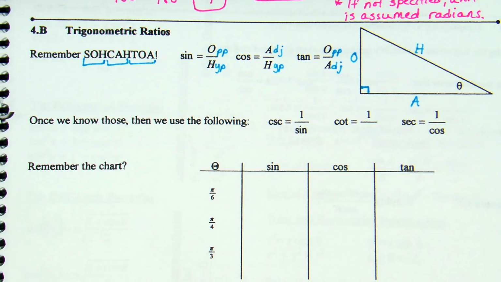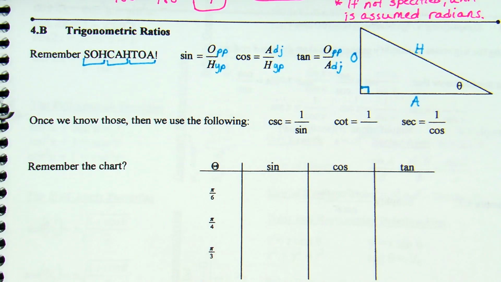Remember the chart? Notice it's only radians in that chart because that's mostly what we use. But for reference sake, what are the degrees equivalents? Pi over 6 is actually 30 degrees. Pi over 4 is 45 degrees. And pi over 3 is 60 degrees. And I'll be honest, I'm the teacher, but I still tend to default to degrees sometimes.